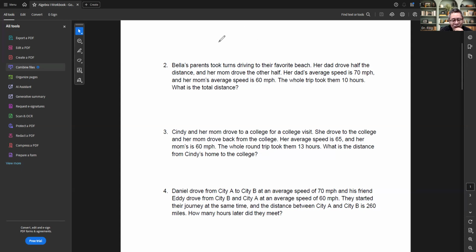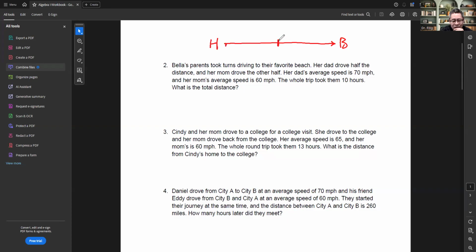So now we say Bella is going from her home to the beach. So that's driving. And right in the middle, her dad drove half the distance.